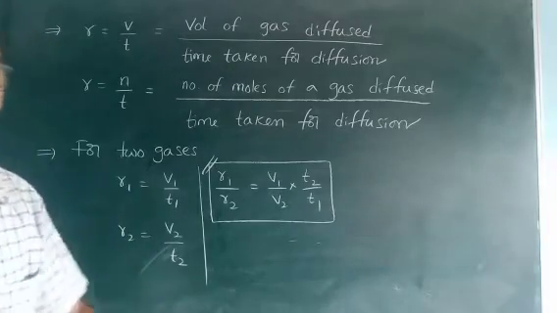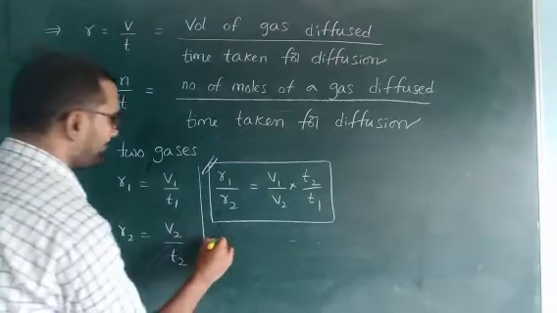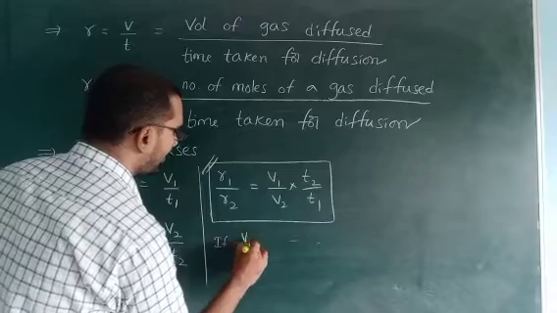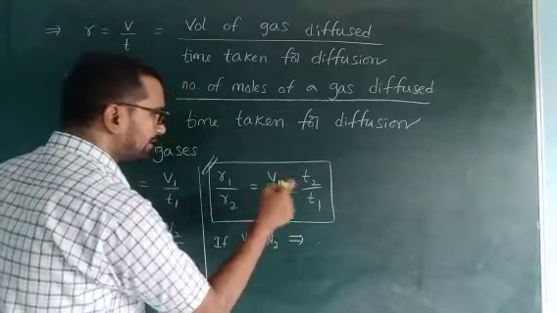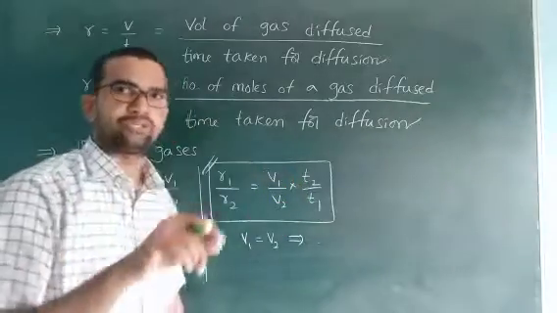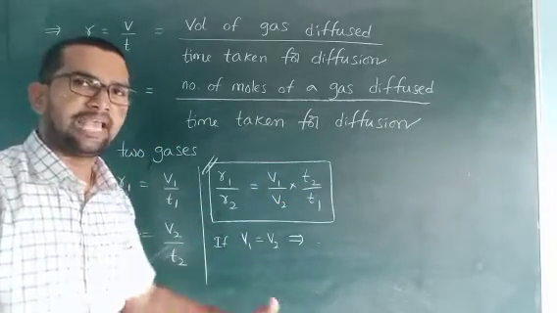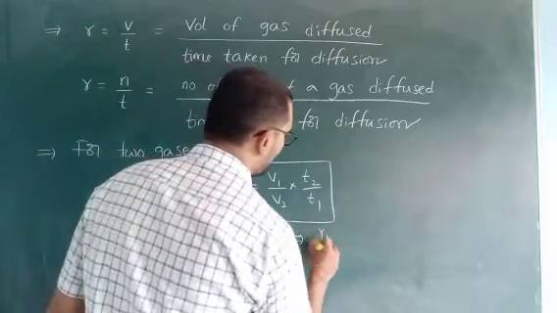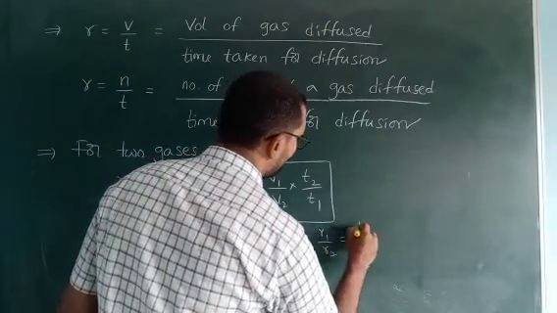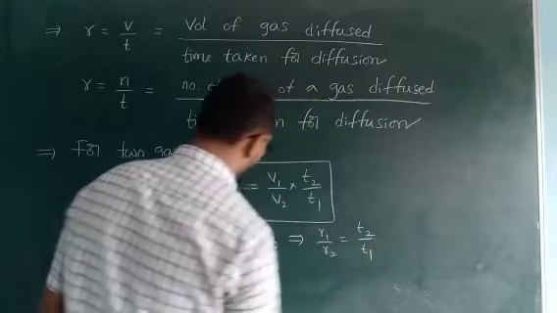And here conditions are also there. If V1 is equal to V2, meaning the same amount of volume is escaped in time T1 and time T2, then R1 by R2 is equal to T2 by T1.